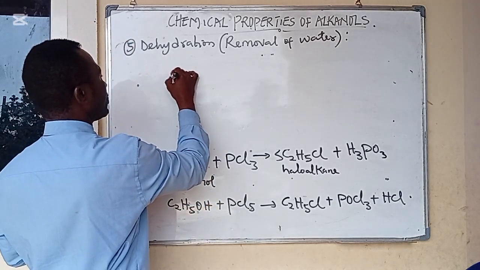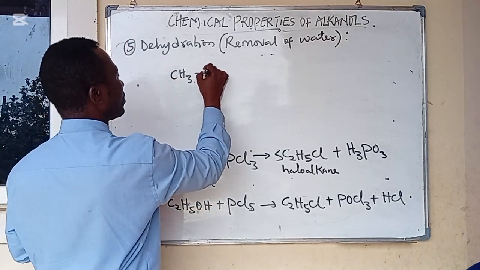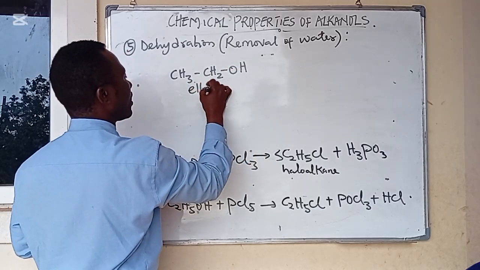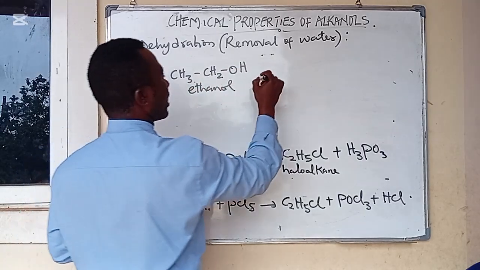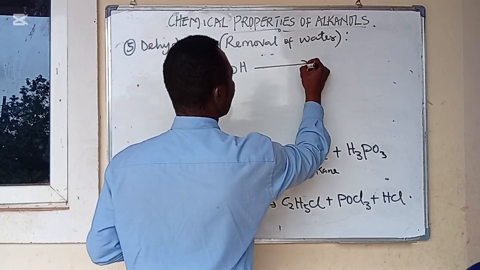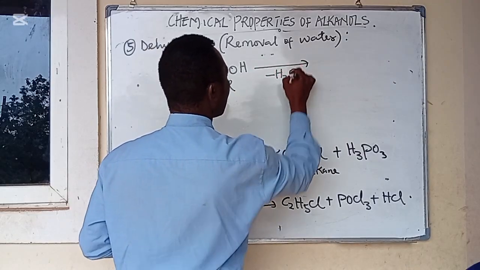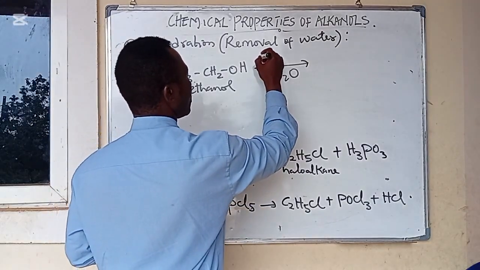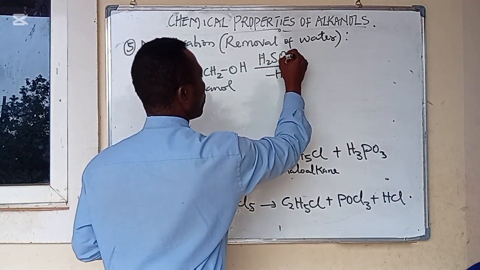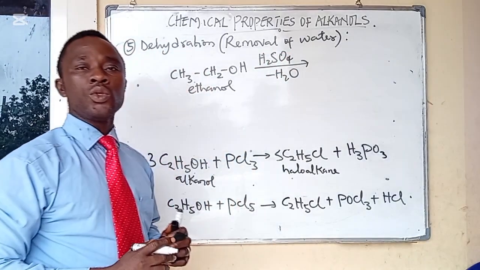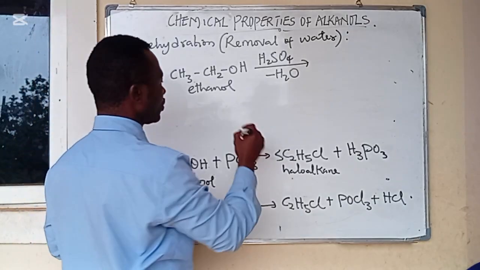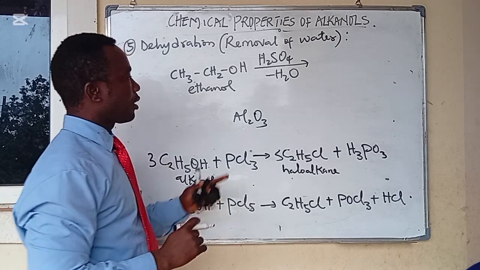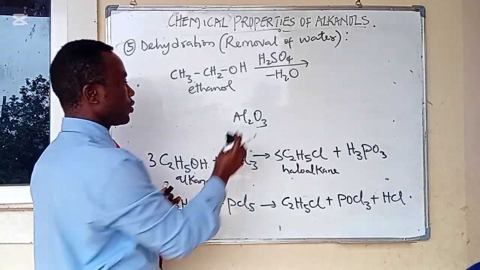Now when we have CH3CH2OH, this is ethanol, and we want to dehydrate it. Dehydration means you are removing water. This reaction will require acid. The acid is H2SO4. You can also use aluminium oxide, Al2O3.